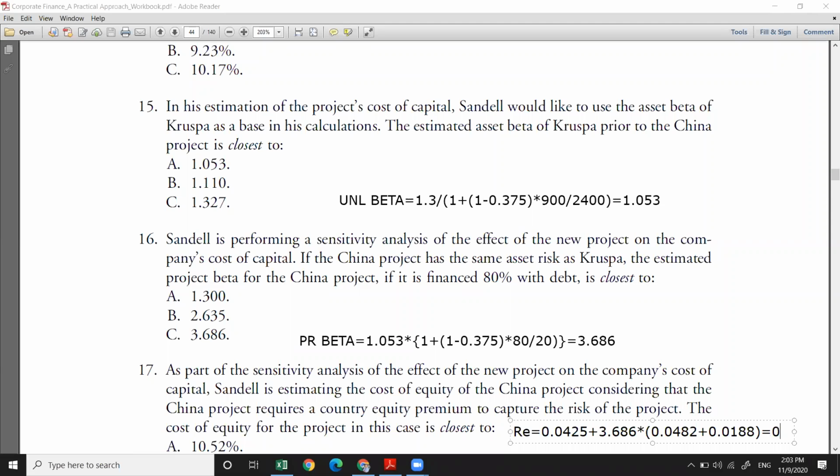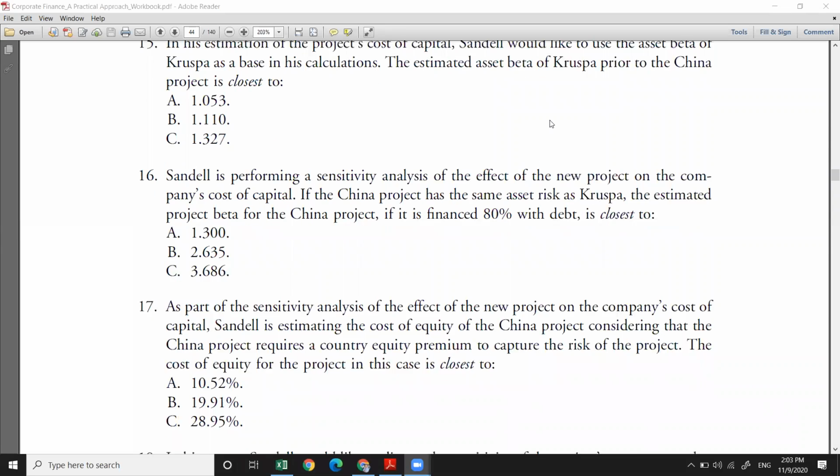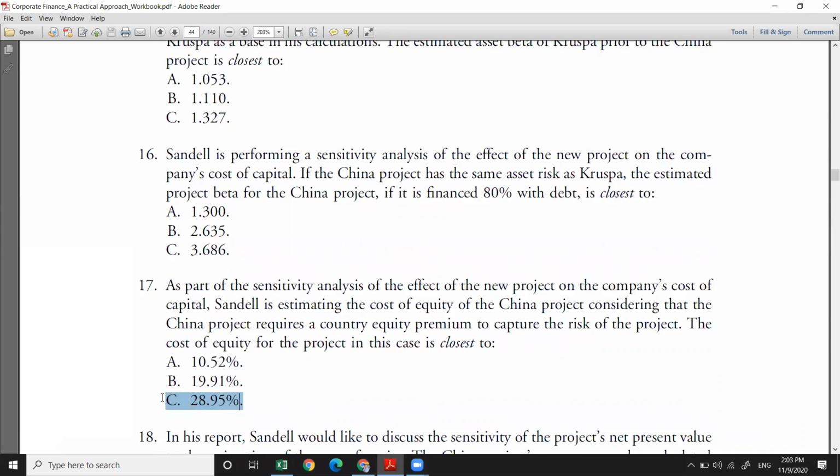Yes, 28.95%. So this is how you find it. Okay, C.